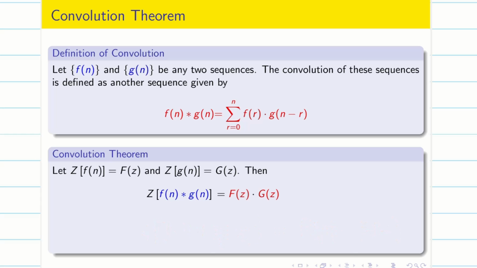But we are not going to use this formula. This is for MCQ. We are going to use the inverse. So Z inverse of capital F of z into G of z is equal to Z inverse of F of z star Z inverse of G of z. Here this star represents the convolution.